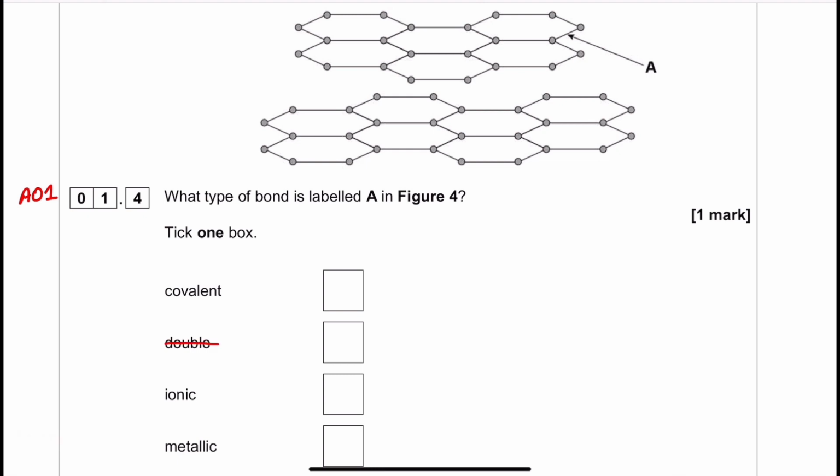It consists of only carbon atoms, so there are no positive and negative ions present here, so the bond is not an ionic bond. Carbon is a non-metal, so it is not making any metallic bond. This single line between carbon-carbon atoms is covalent bonding.